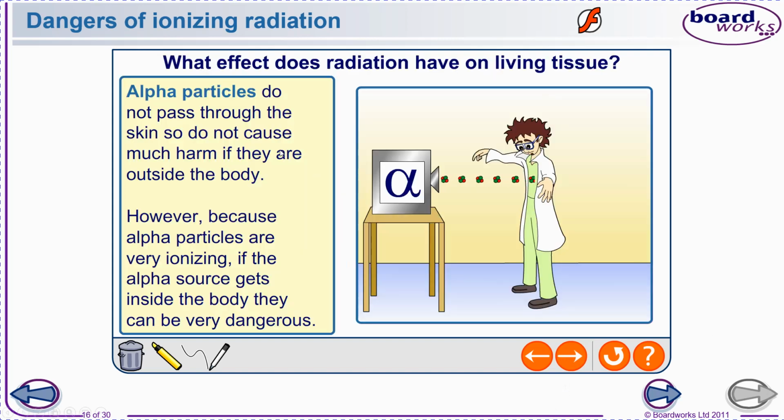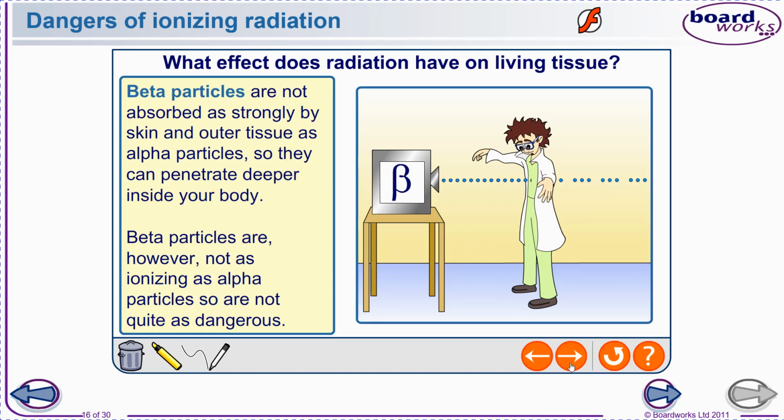Now, like we said, alpha particles on the outside of your body aren't a huge problem. They wouldn't do much harm. But if they get inside your body, then they are very, very dangerous. Okay, and I'll give you an example of somebody who had that in a second. Now, beta, it's more penetrating, but it's not as ionising.